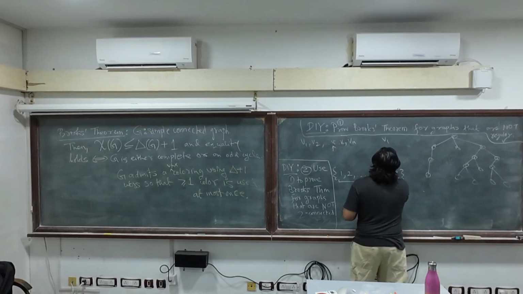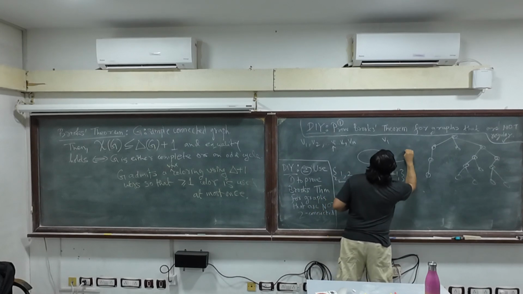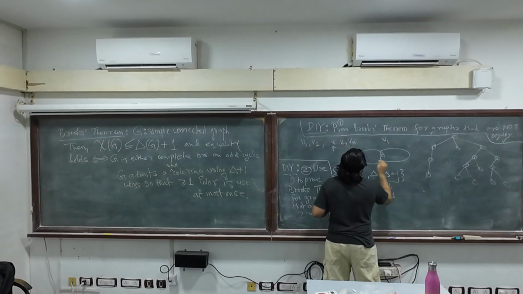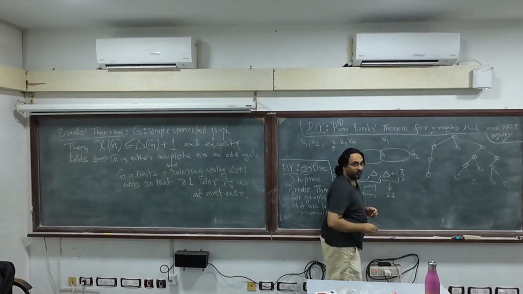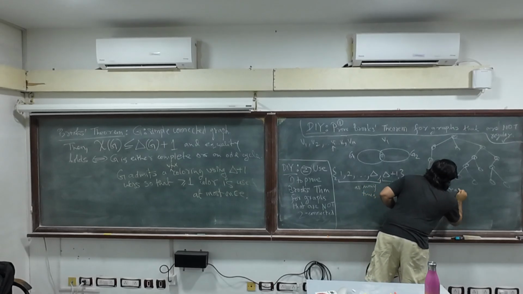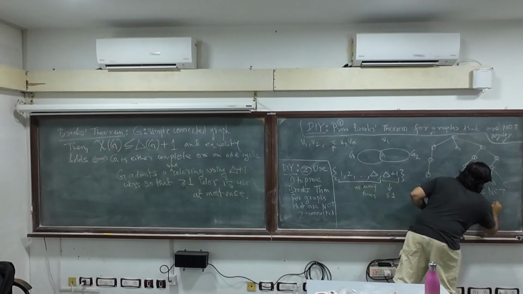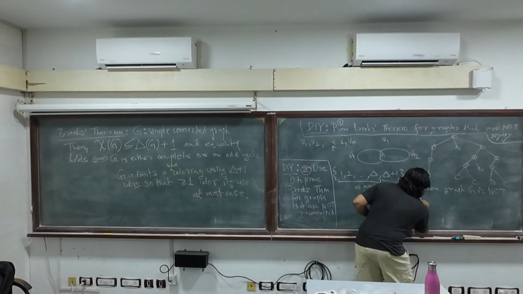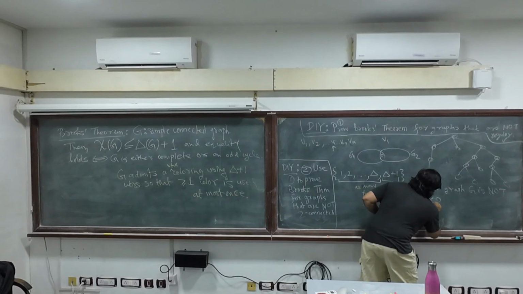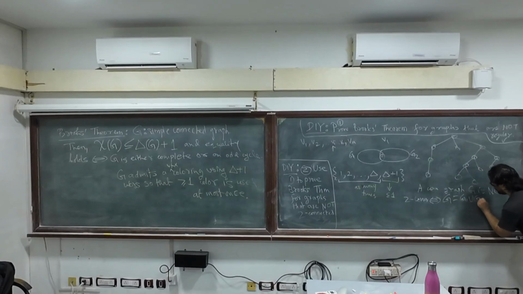A connected graph G is not too connected if and only if G may be written as G1 union G2.